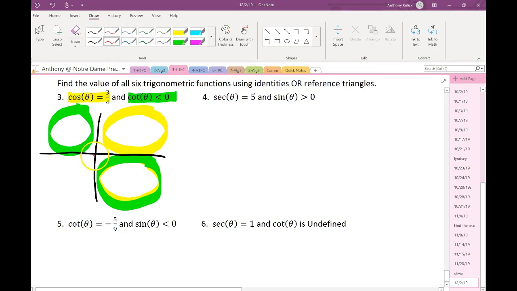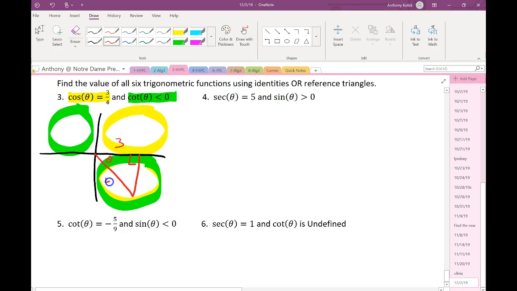So the reference triangle I'm going to draw is in the fourth quadrant. It's negative when the signs of x and y are different, because cotangent is x over y. So now I'm going to finish it up for everybody else, just in case. There's my angle theta.